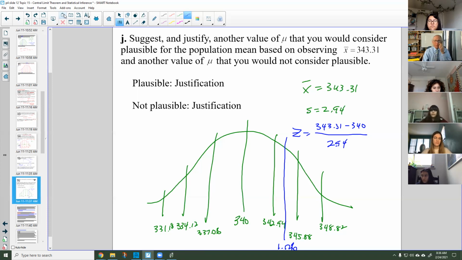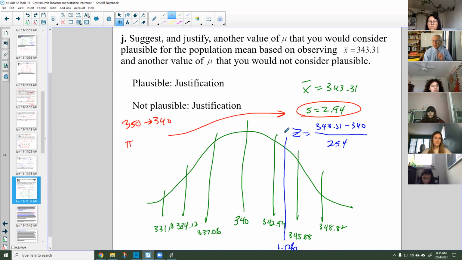Now, I will point out one thing that is different, which I was really just thinking about as I was doing this problem. When we just changed the mean from 350 to 340, the standard deviation stayed the same. It did not change. But with categorical variables, when I changed pi, that did change the standard deviation.